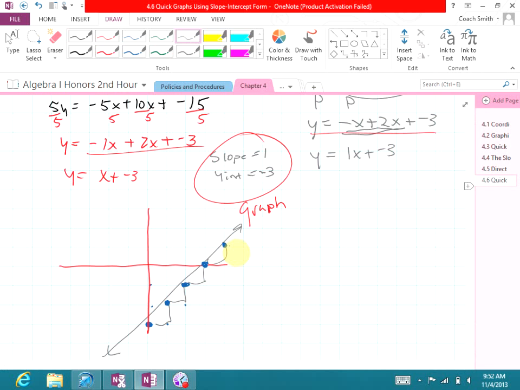Obviously, your line needs to go through the negative 3 down there. I went to the right, which is positive, and up, which is positive. It's a positive slope, so I can't go to the right and go down. I went over 1 and up 1 for a slope of 1. That means your rise over run is 1 over 1.